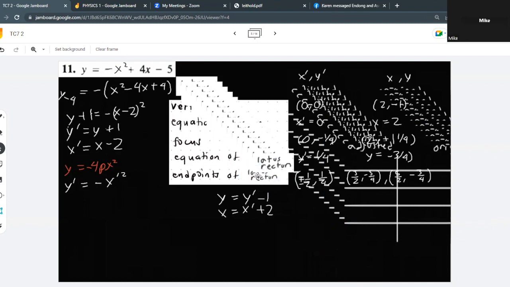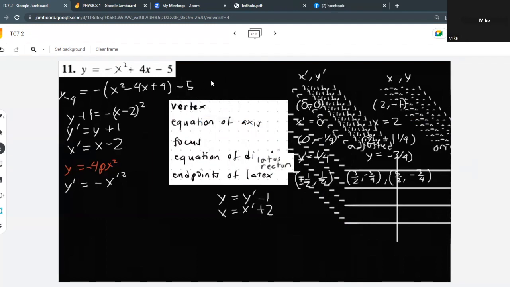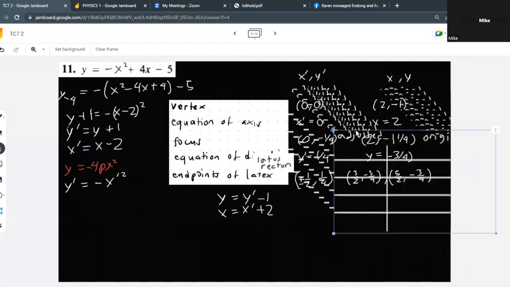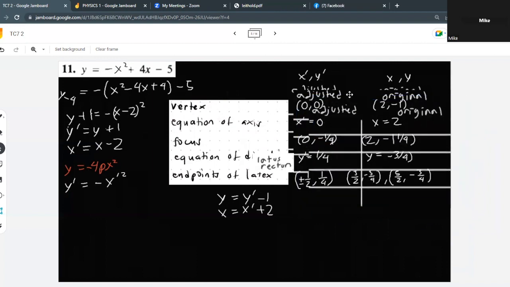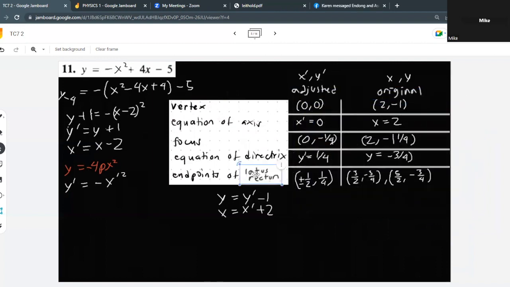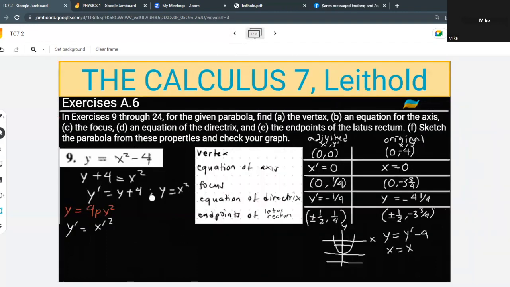Mukhang nag-ano siya eh. Ano ba yung first thing na balik lang tayo just to make sure na dapat x squared is equal to negative 4py.